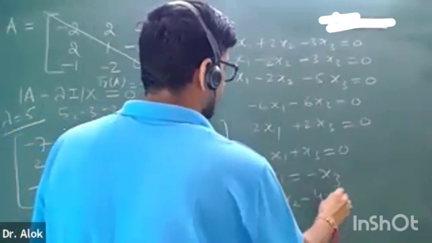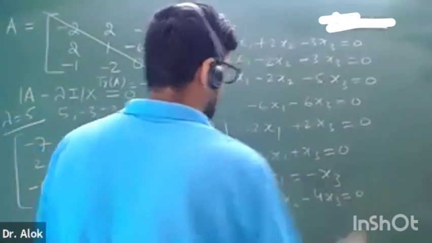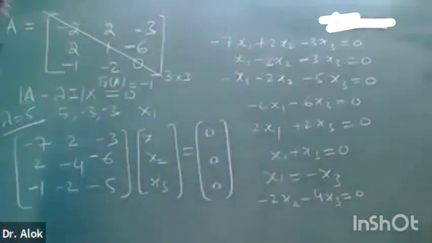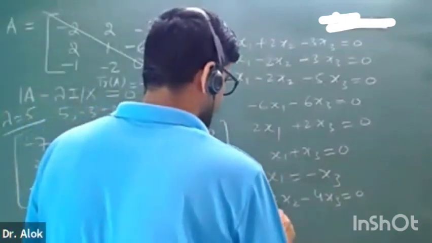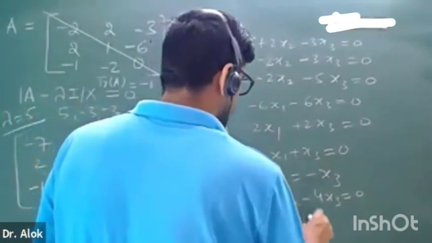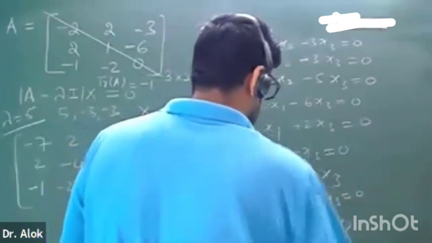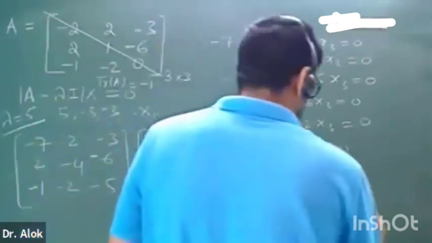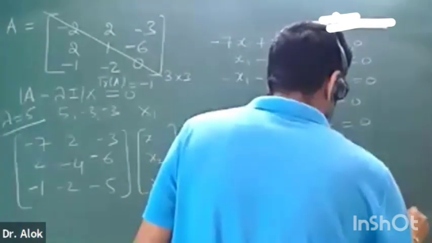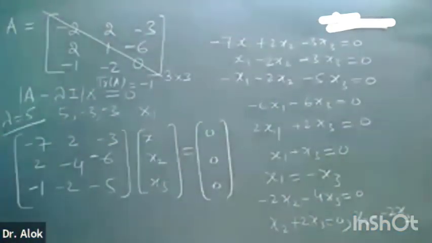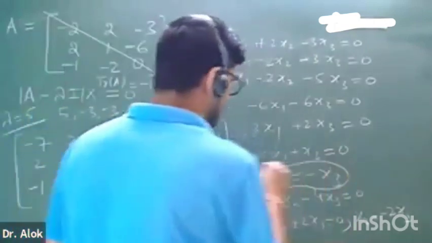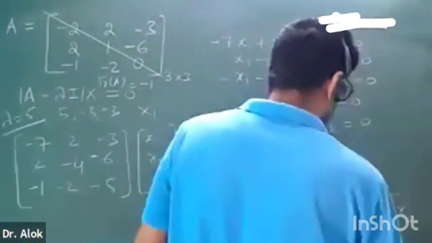Minus 4x3 is equal to 0. Please see, what will be the value of x2? x2 plus 2x3 is equal to 0, so x2 will become minus 2x3. Correct? So x1 is minus x3 and x2 is minus 2x3.